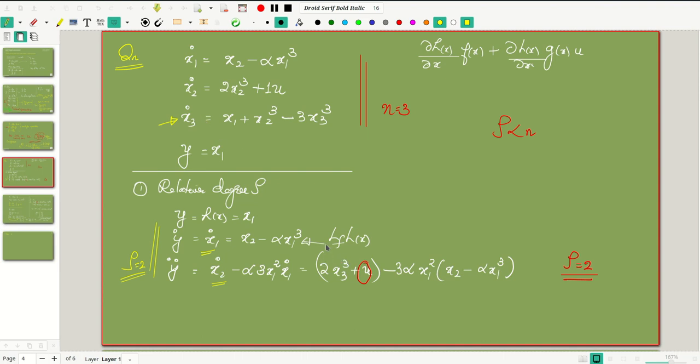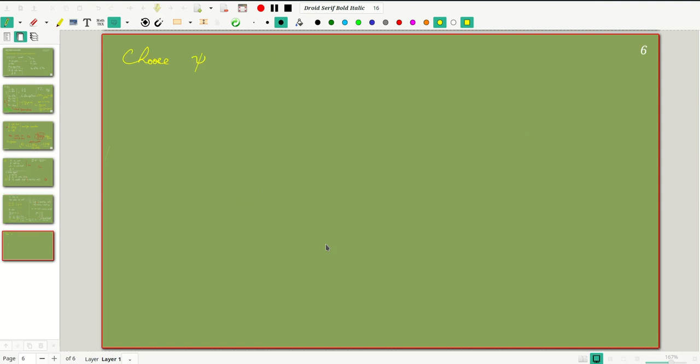So we can arbitrarily choose psi of x as equal to some x3. Even if you choose psi of x as x1 plus x3, that is also fine, but we want to make the problem a bit simpler. So let us choose psi of x as equal to x3.